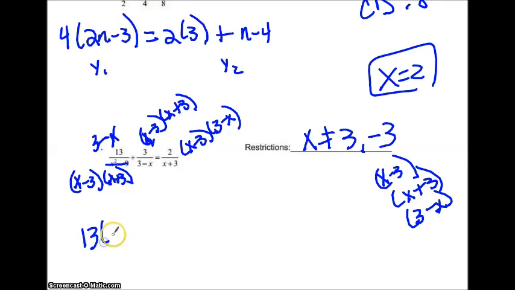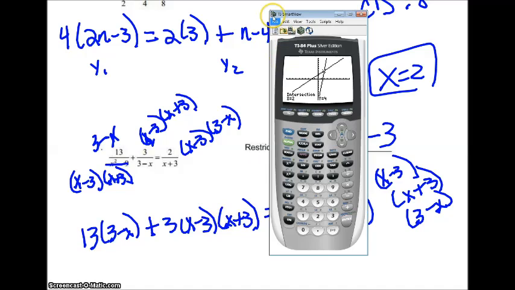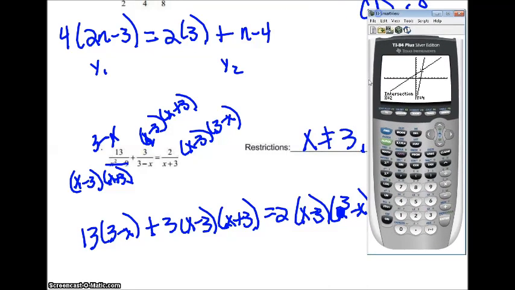So you're going to have 13 times (3 minus x) plus 3 times (x minus 3) times (x plus 3) equals 2 times (x minus 3) times (3 minus x). And once again, you're going to go to y equal.